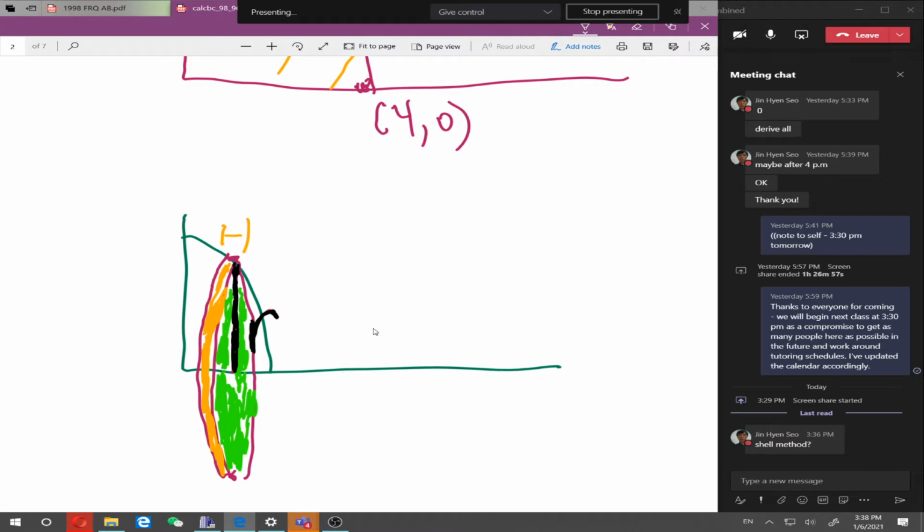So I've got an R and I've got a distance here in yellow. Jin, what's our distance here in yellow?